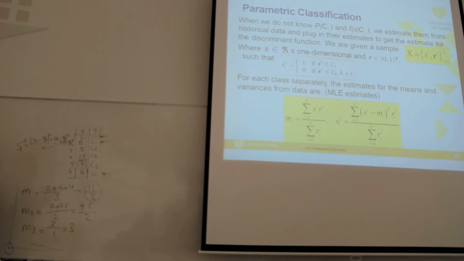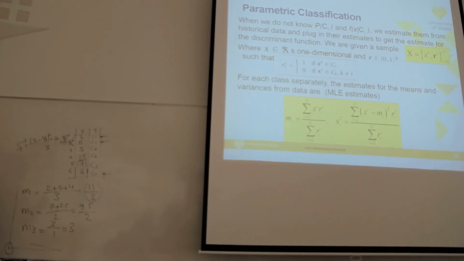Okay, but usually in machine learning especially, we have a lot of data. Since we have a lot of data, usually we just divide by n. It doesn't matter. So we can divide by 3. But remember, in order to have an unbiased estimator, you should divide by 2.